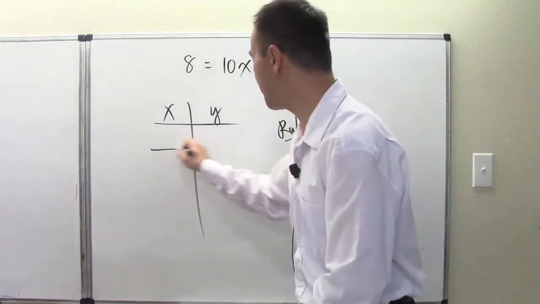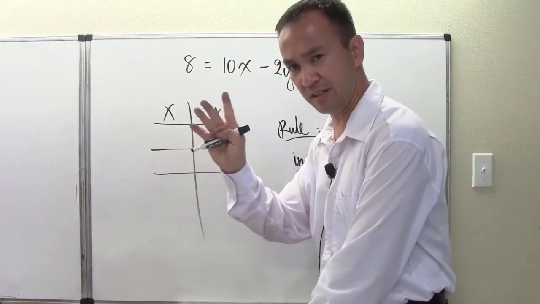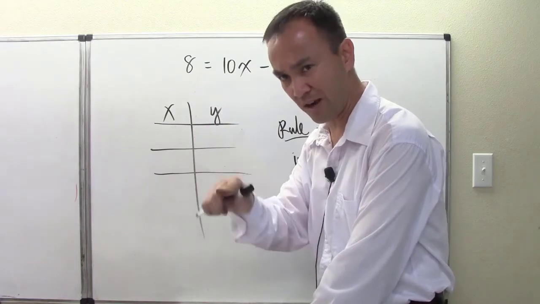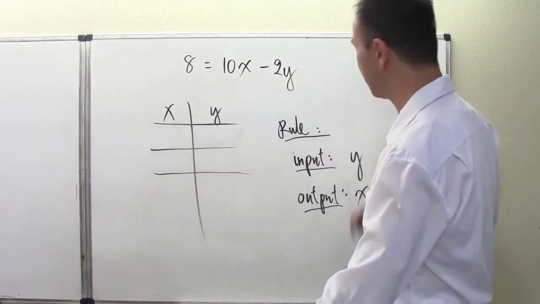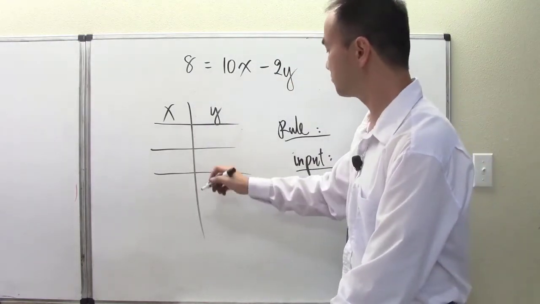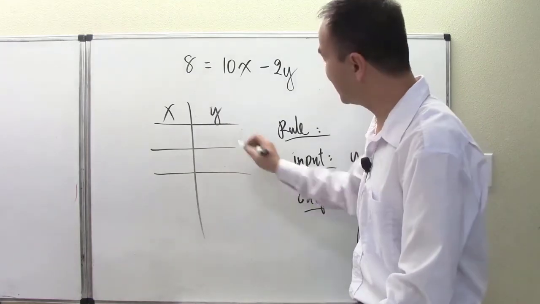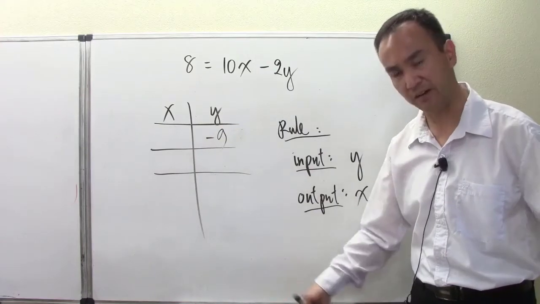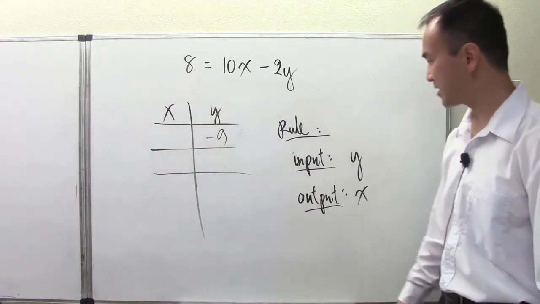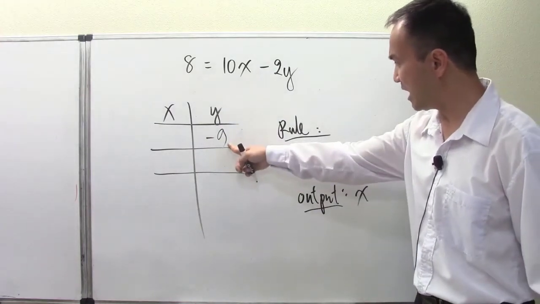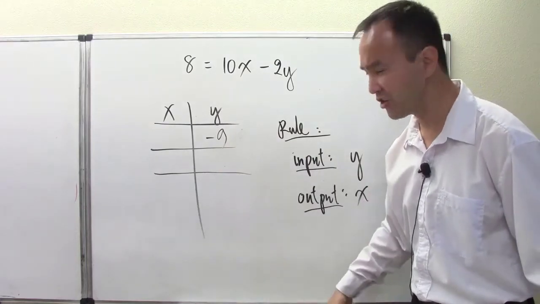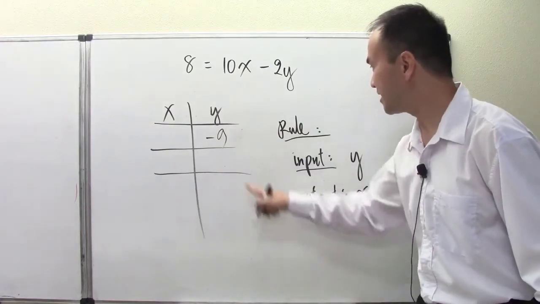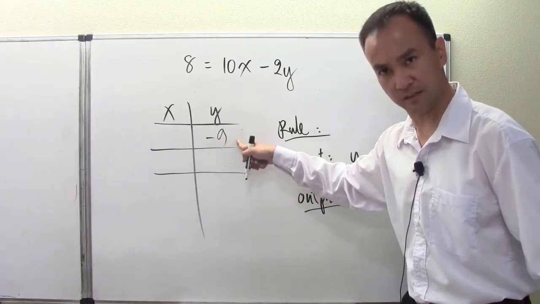See, remember, if we pick one to be the input, then that one is the independent one. So y is the independent one. So we can pick -9. Just out of nowhere, I picked -9, my own selection. So if we pick y equals -9, the whole point of an equation now is that we substitute this, because that's what an input is.